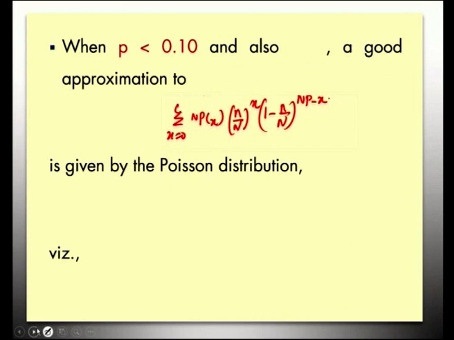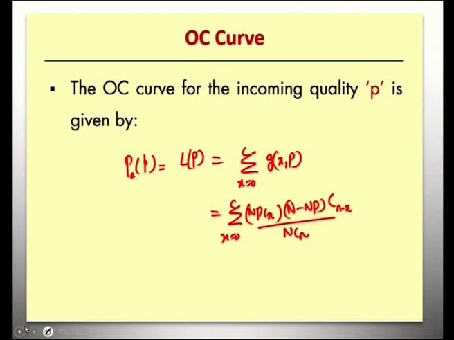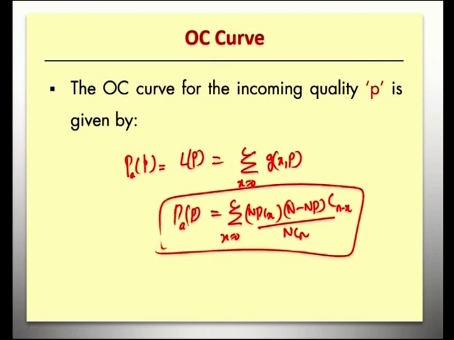When P is less than 0.10 and also n by capital N is less than 0.10, a good approximation to this formula PA of P is given by Poisson's approximation.